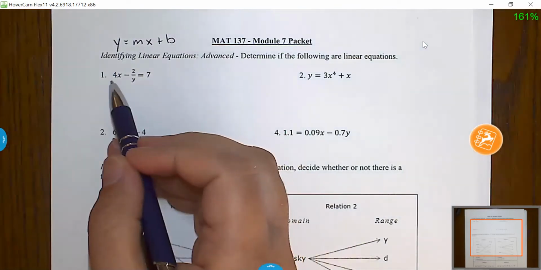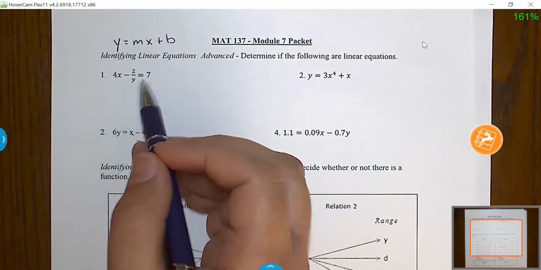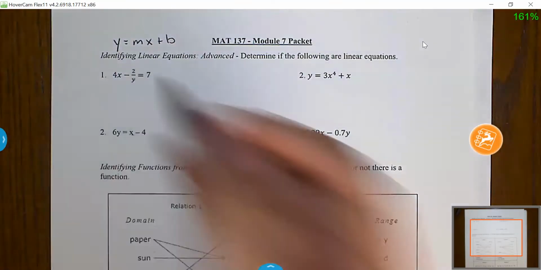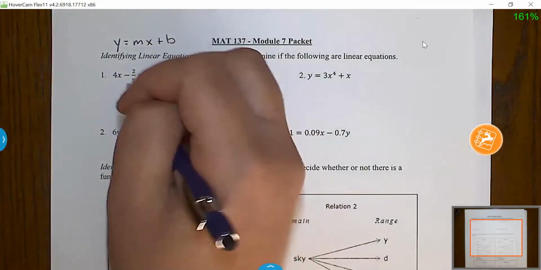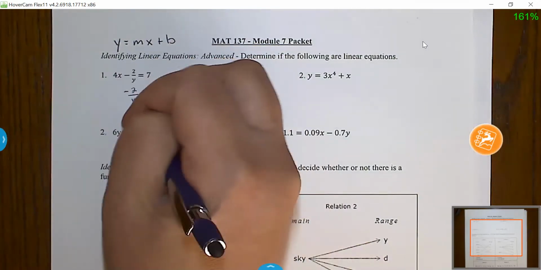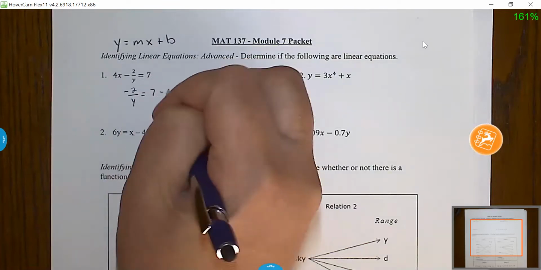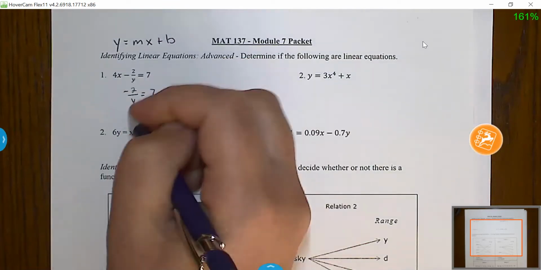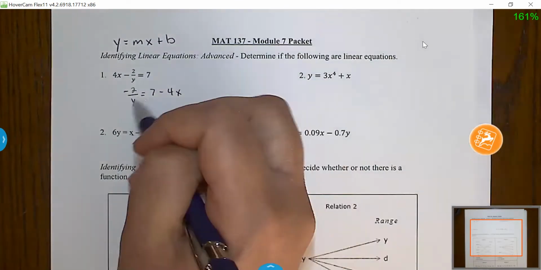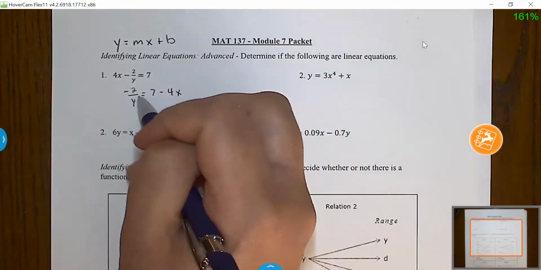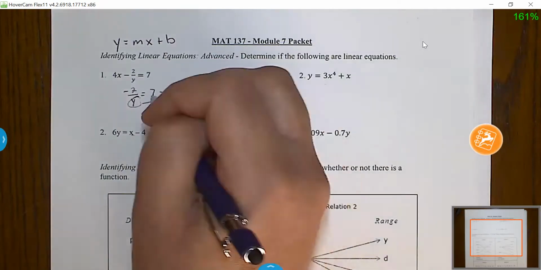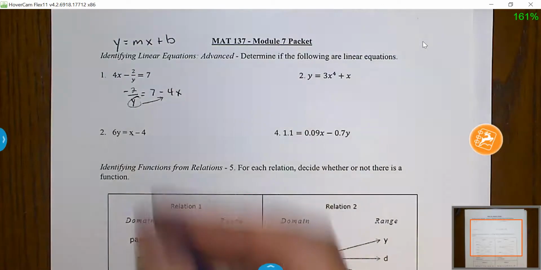So we have 4x minus 2 over y equals 7. If we were to try to get this into y equals mx plus b form, I would subtract 4x, and I'd have negative 2 over y equals 7 minus 4x. If I wanted to solve this for y, I can switch it with the entire other side, what we've done in the past, or I can cross multiply like what we just did.